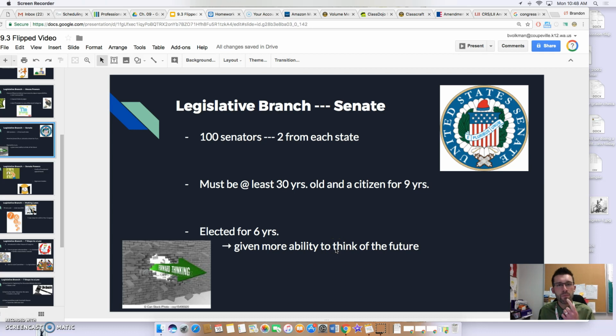They're supposed to go, is this law really good for our country? We know the people really want it, but in like 3 or 4 years, how will it affect us? So people in the Senate don't have to worry about being kicked out of their job if they don't make the people happy right away.